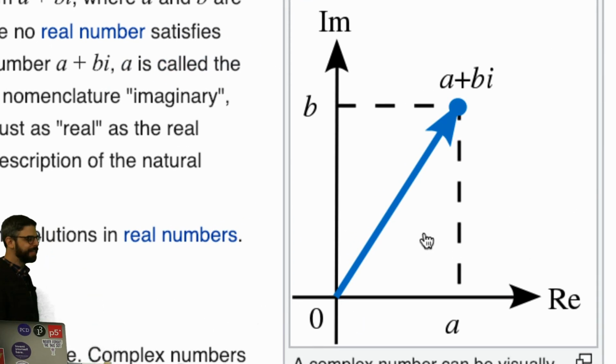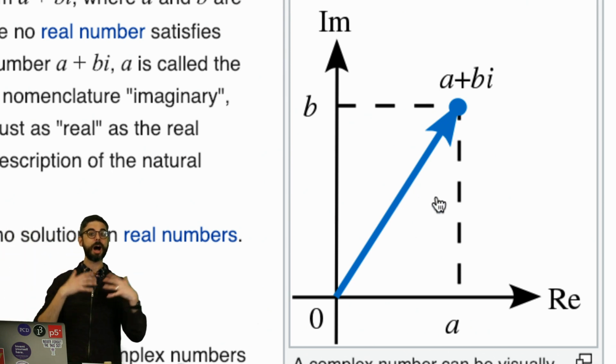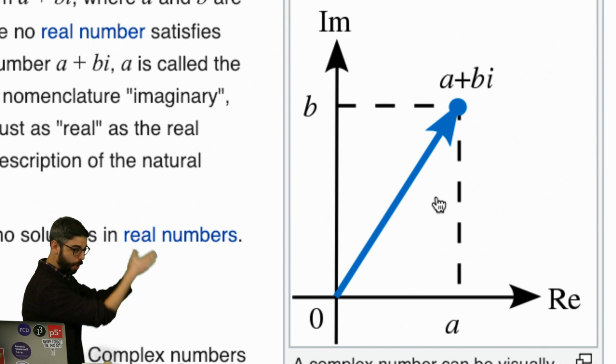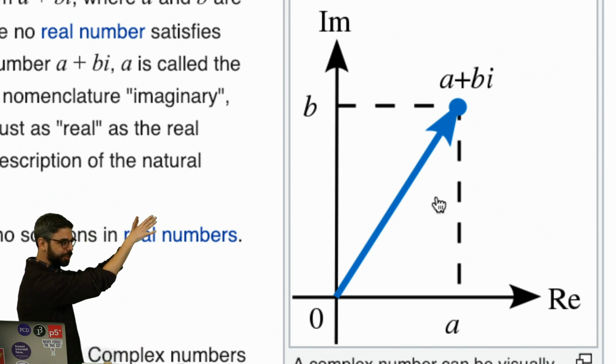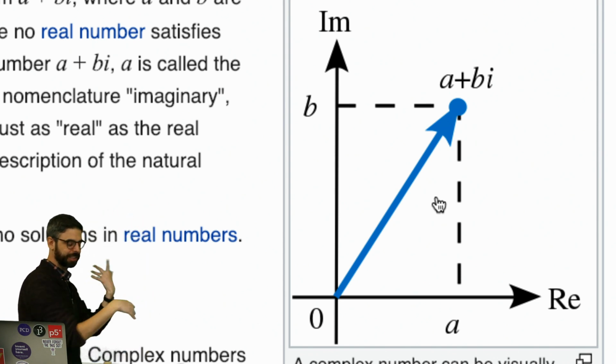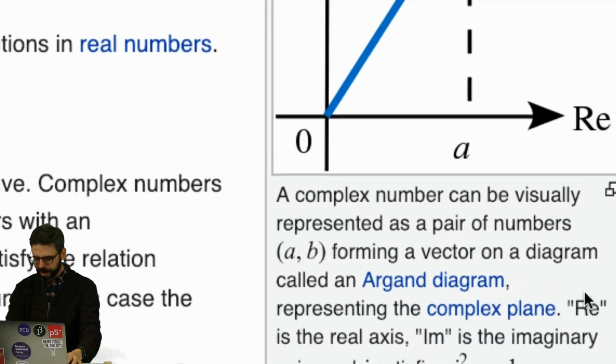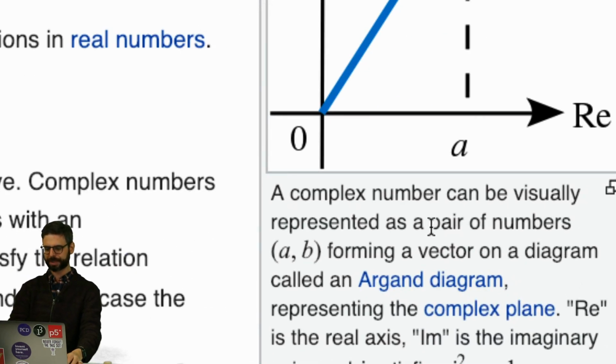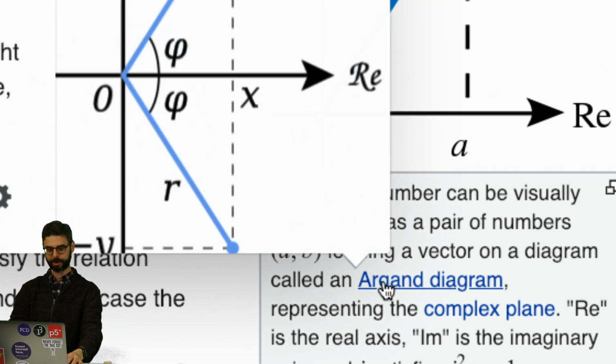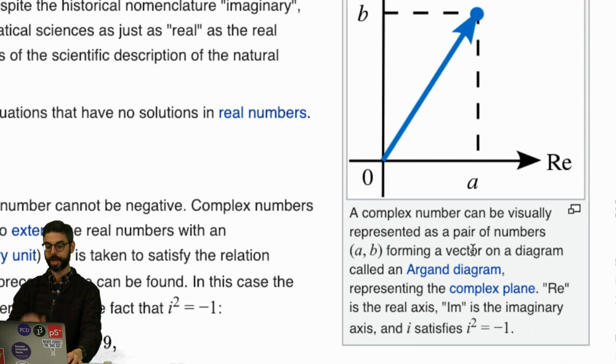Look at this. This is how you represent a complex number. It is a vector in the complex plane, where what we think of as the y-axis is the imaginary axis, and what we think of as the x-axis is the real axis. And right here it says a complex number can be visually represented as a pair of numbers, a, b, forming a vector on a diagram called the, I never knew this, Argand diagram. Ooh, look at that. More stuff.